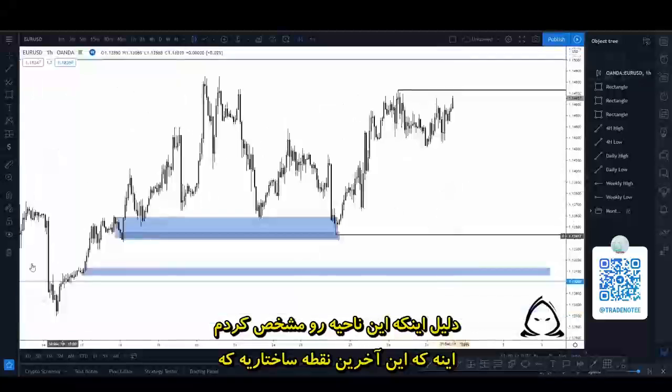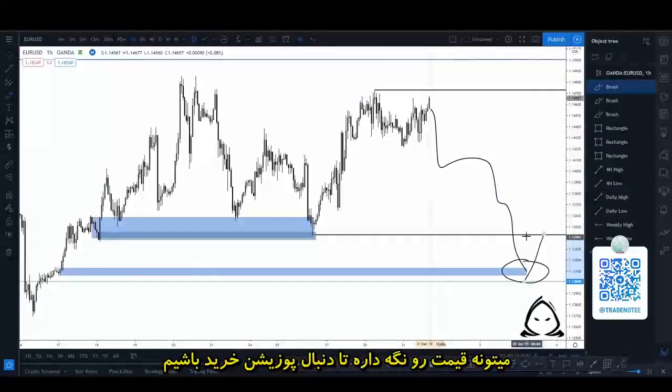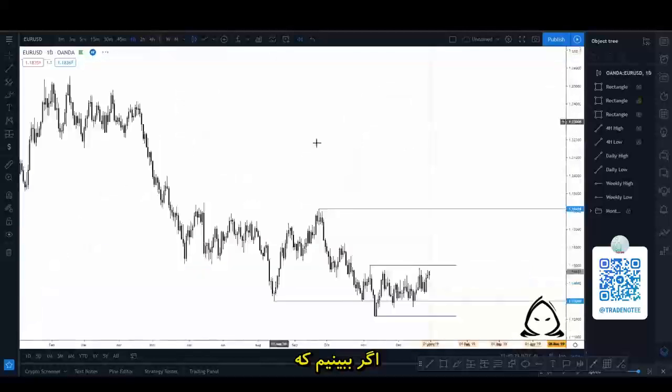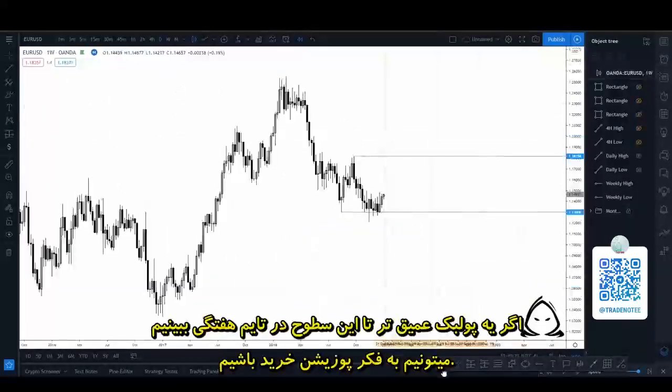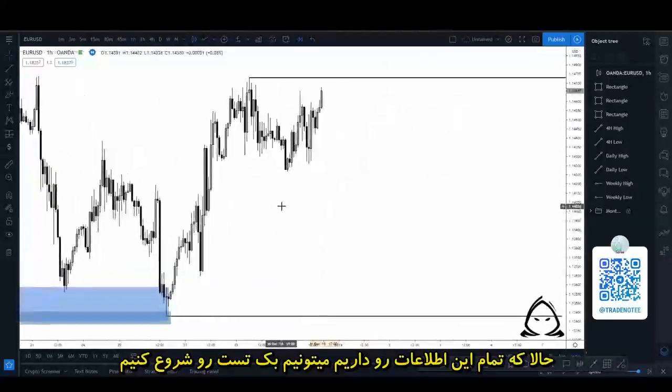The reason I'm calling out this zone is because this would be our last point of structure that could potentially hold to look for long trades, if the daily chart moves bullish, or if we're going to see a deeper pullback into these levels on the weekly chart. So now that we have all of that information sorted out, we can begin backtesting.